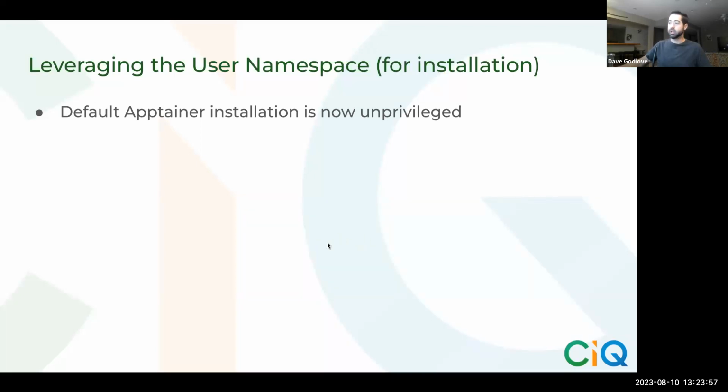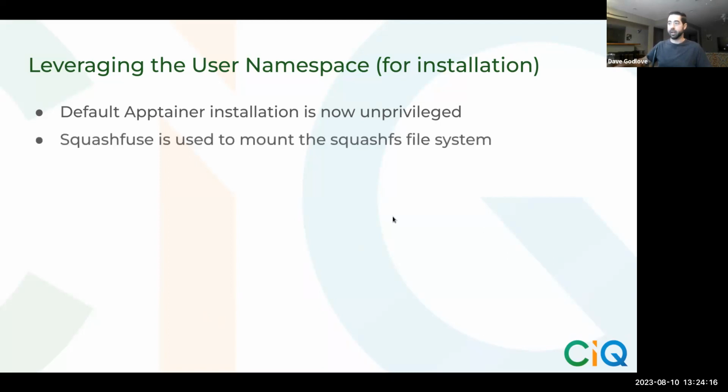It used to be that when you installed Apptainer, it came with a setuid binary, which allowed it to elevate privileges in order to carry out specific operations. You can still install it that way if you want to, but now by default, Apptainer is going to install without that SUID binary.